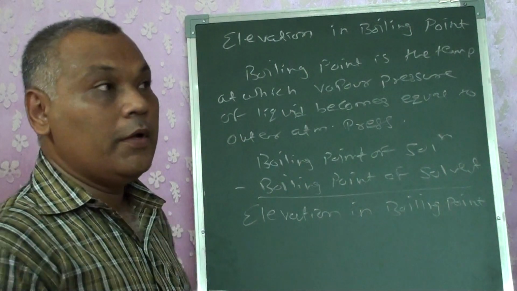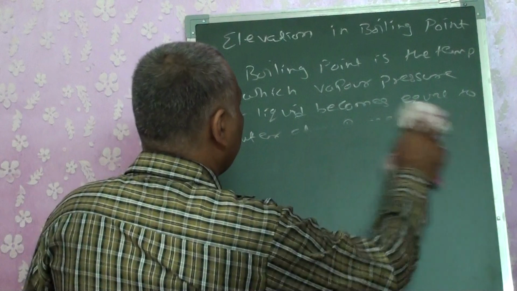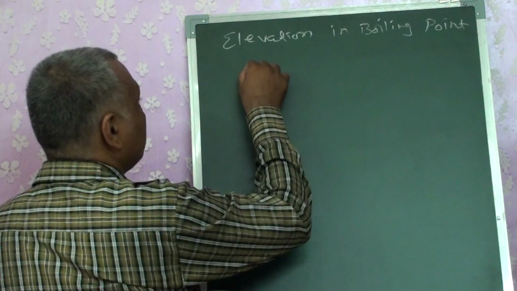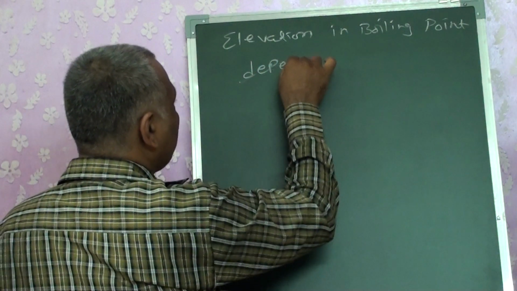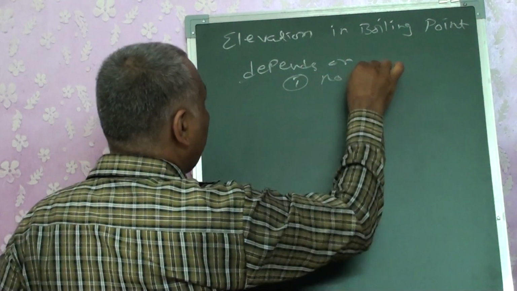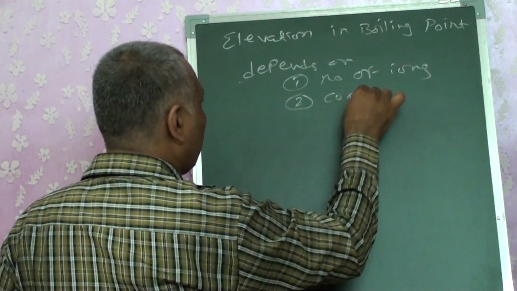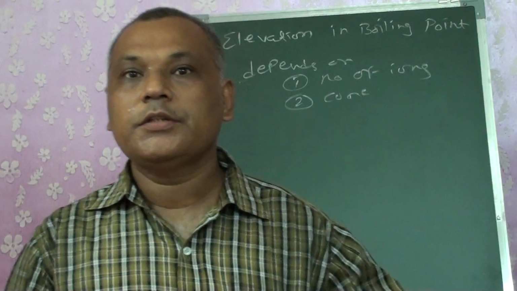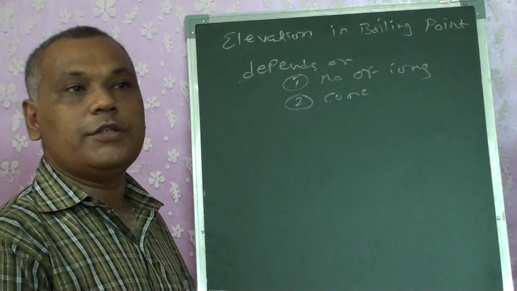This change depends on two factors: number of ions and concentration. Greater the number of ions, greater is the change in the boiling point. Greater the concentration, greater is the change in the boiling point.